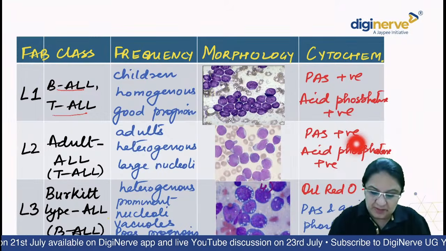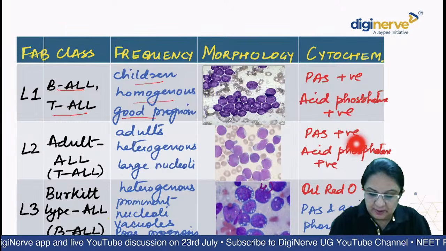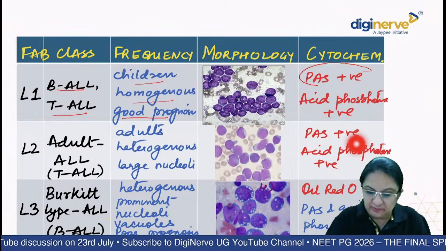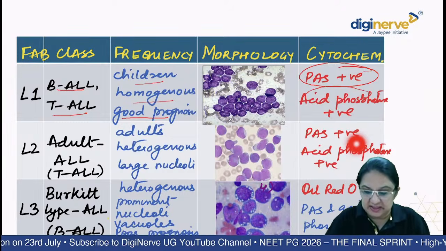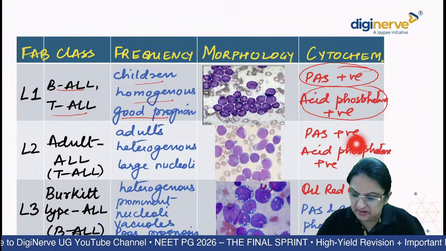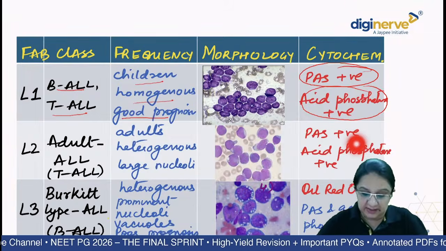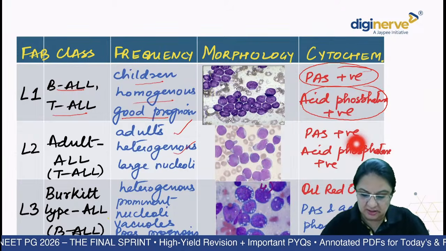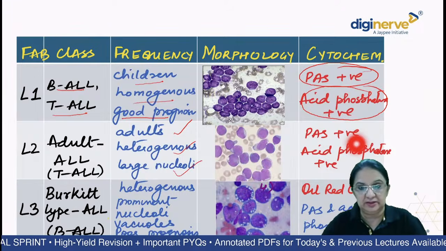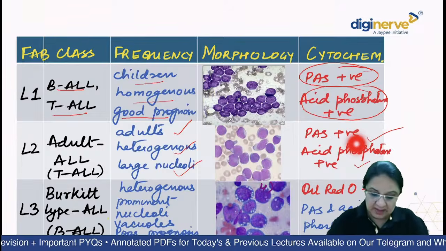We are going to study the FAB classification. L1 is usually seen in children, homogeneous, of good prognosis. Please note the lymphoblasts are PAS positive and acid phosphatase positive. L2 is seen in adults, heterogeneous. The characteristic feature that you see in the smear is large nucleoli in the lymphoblast. Again, PAS and acid phosphatase positive.